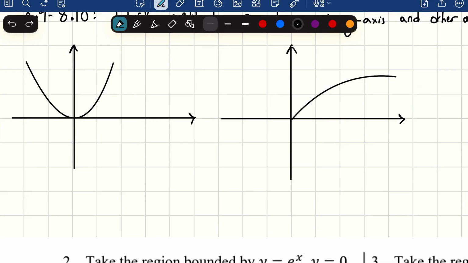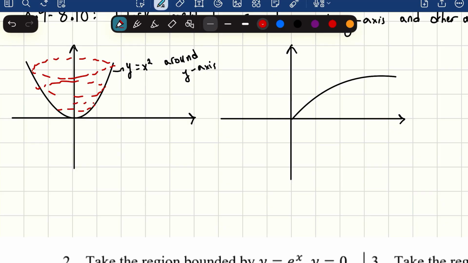This is y is equal to x squared, and if we are rotating it around the y-axis, we're going to get this solid over here. As you can see, this is where the analogy of the shawarma came from.